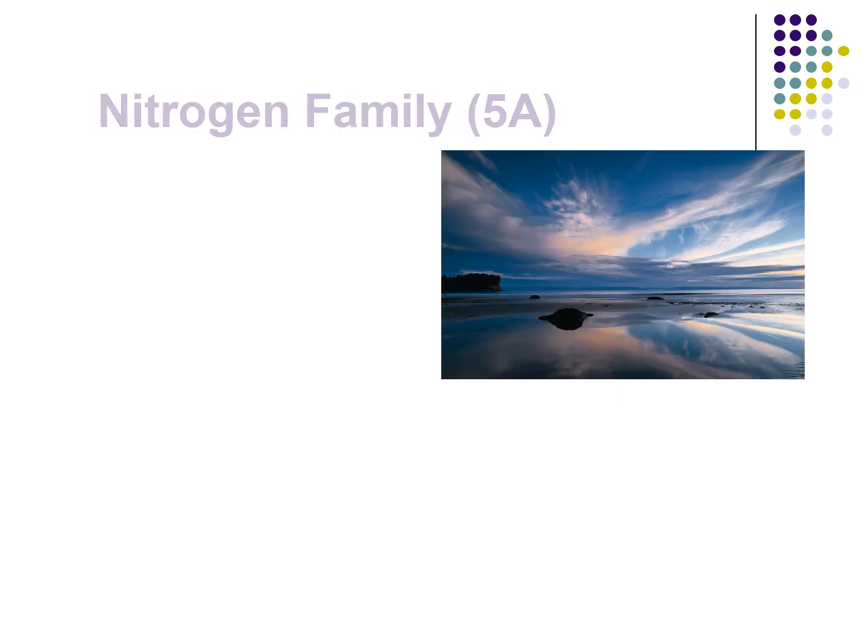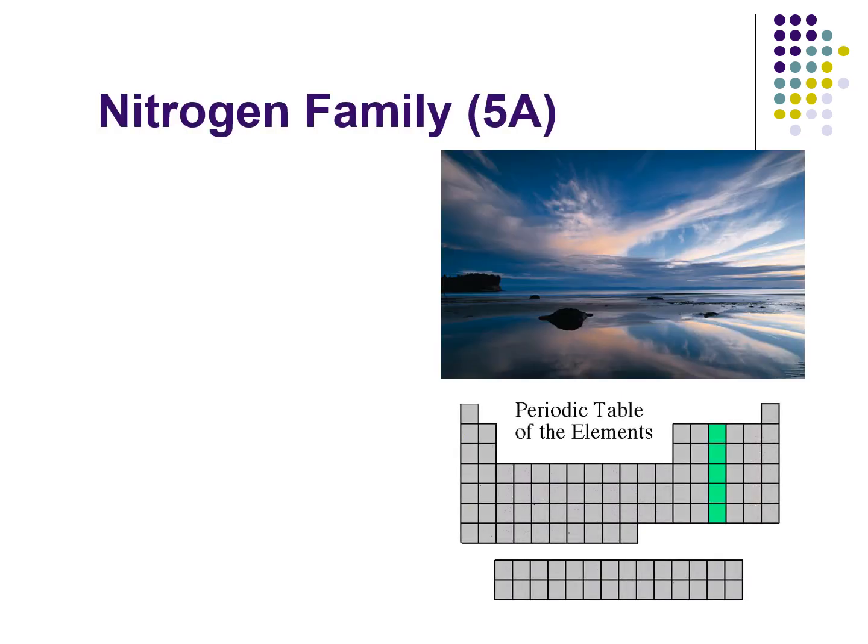Now, next, let's continue with group 5A. So, again, so we have here 1A, 2A, 3A, 4A, and then ito po is yung ating 5A, yung color green. So, it is known as the nitrogen family. So, it includes nitrogen, phosphorus, arsenic, antimony, and then bismuth.